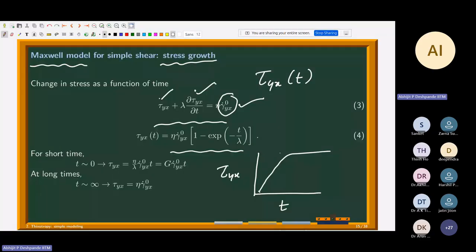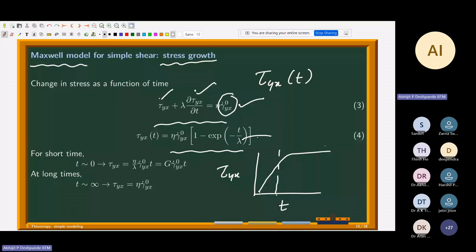The time lambda, the relaxation time, will tell how fast or slow this increase will be. So for a viscoelastic material, stress will grow and eventually reach a steady state.